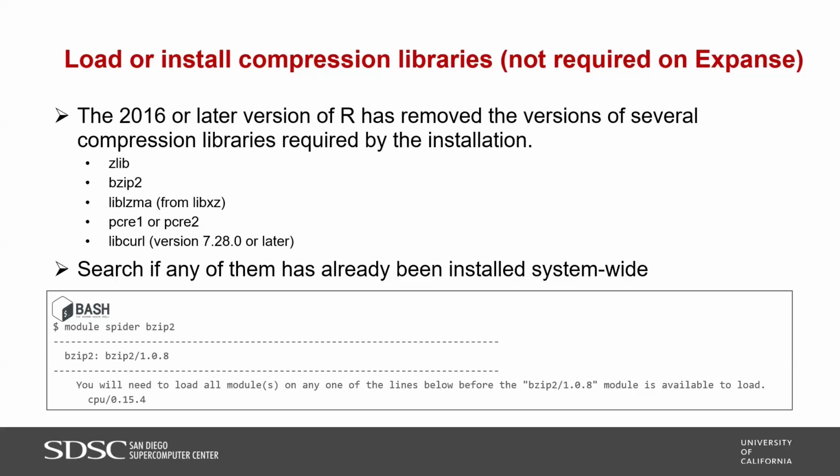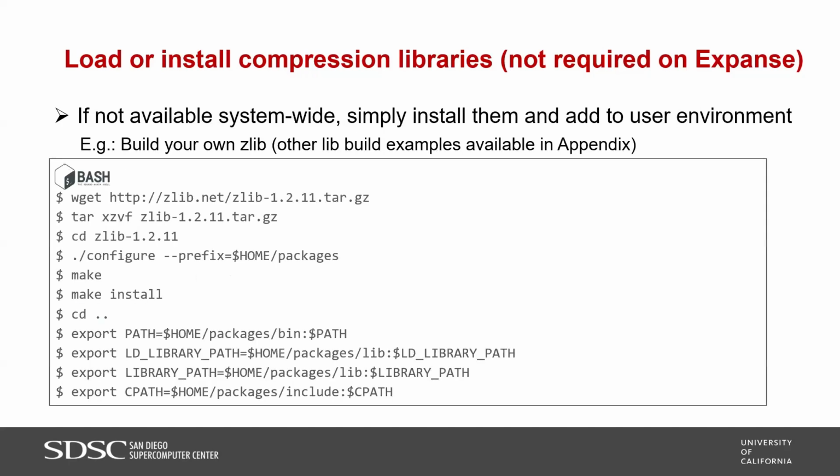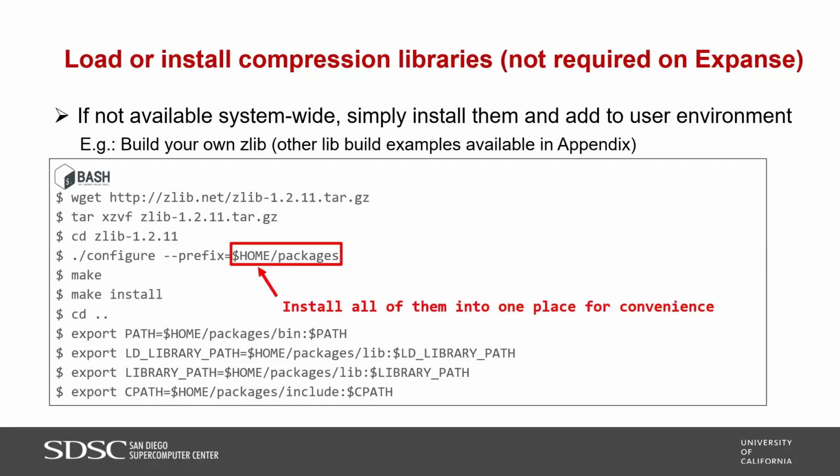If there's no module available, you can just build them, which is quite easy. You just download the source code tar, configure, and compile into one place. So for your convenience, once all those compression libraries are available, you can keep building your R.